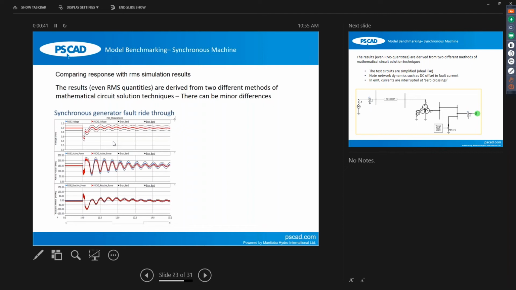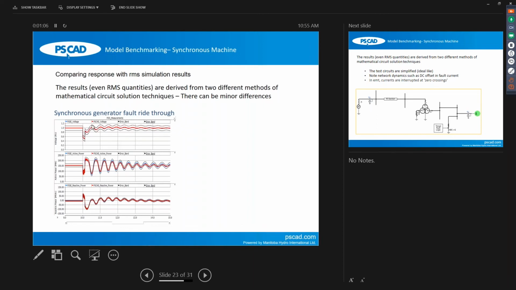Another requirement is that people have to do EMT and RMS studies, so they want to make sure that RMS models and EMT models give comparable responses. So you want to benchmark the results of RMS and EMT models, right?